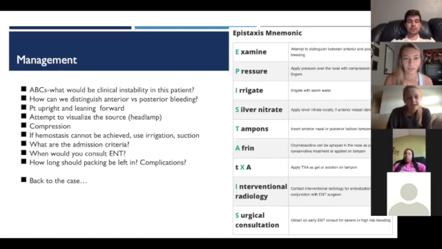Their mental status, if they're hypotensive. Yeah, their vitals, for sure. And you have to make sure that this patient is talking to you and breathing fine, because if they're chugging a lot of blood, then you have to make sure that they can protect their airway.